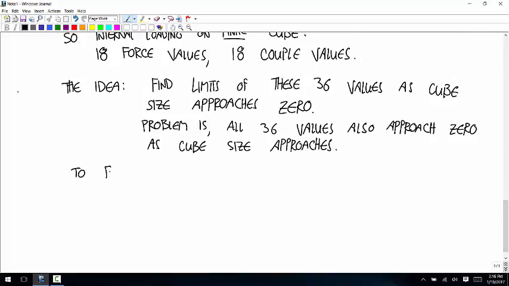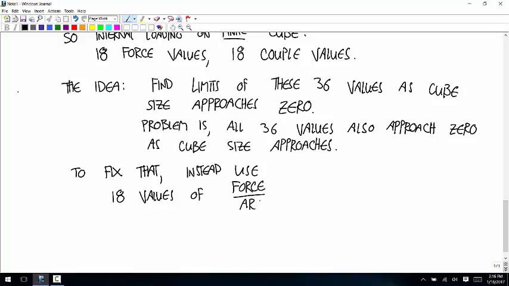So to fix that, instead of thinking of these as 36 values of force and torque, we'll use 18 values of force per area and 18 values of torque per area.